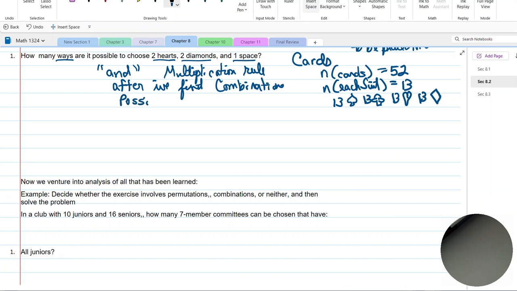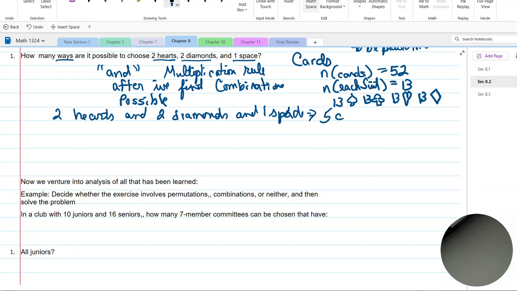So we want 2 hearts and 2 diamonds and 1 spade for a 5-card hand.